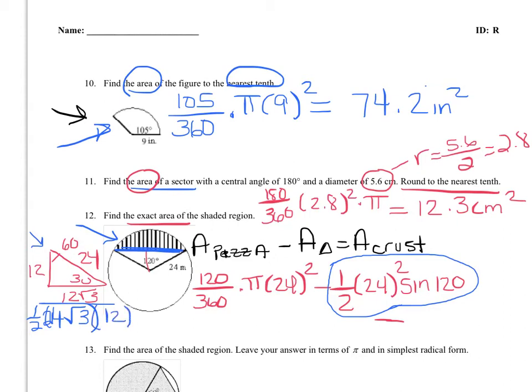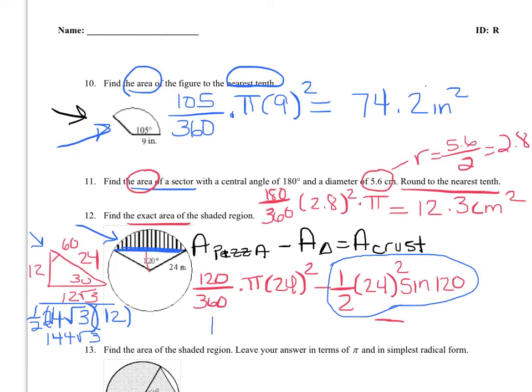So that would technically be, if you did 1/2 times 24 times 12, then you would have 144 root 3. So this blue stuff really should be 144 root 3. So just keep that in mind when you guys take your test, when it says exact. Don't go freaking out if it's a little bit off that way.